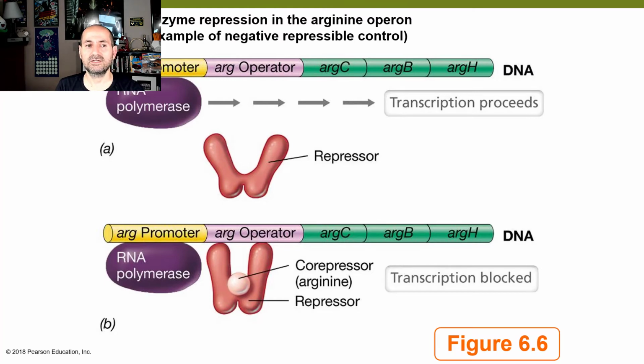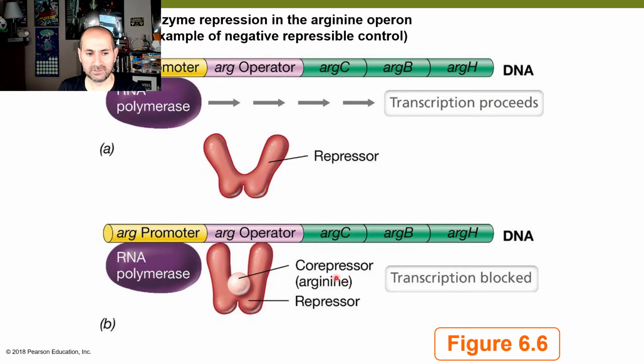Did you follow that? Remember before I told you negative means you're dealing with a repressor, positive means you're dealing with an activator. But what does repressible mean? Repressible means the gene is normally on, but by adding a small molecule, a co-repressor, you can turn gene expression off. So here you see the arg operon, and gene expression is normally on.